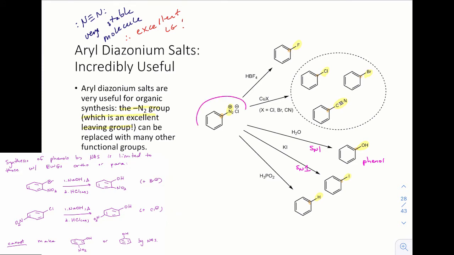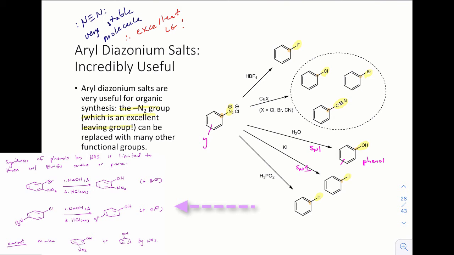The substrate scope, so what I mean is the variety of different substituents that can be on this ring, is much more variable, which is good for aryl diazonium salts compared to nucleophilic aromatic substitution that specifically requires an electron withdrawing group that is ortho or para to the leaving group.